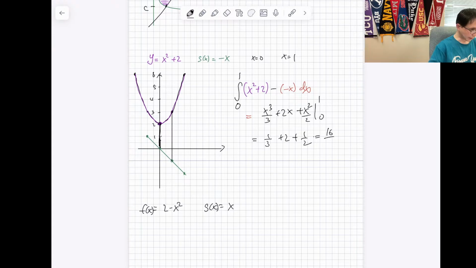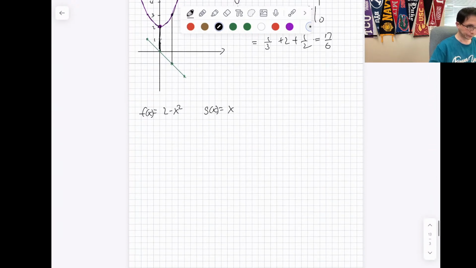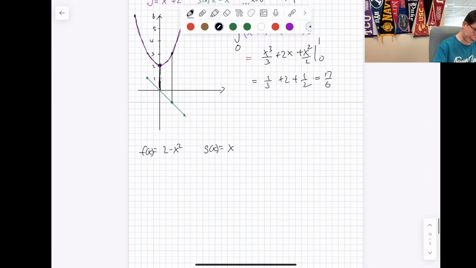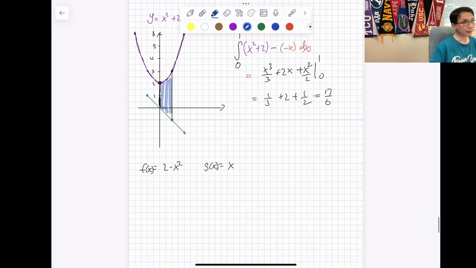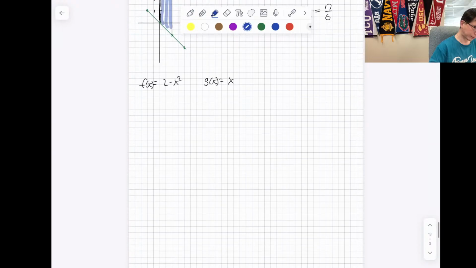You get 17/6. And we just found the area from here to here. Just plug in 1 for that. Because when I plug in 0, it's going to subtract off. 0 is gone. Is this okay?